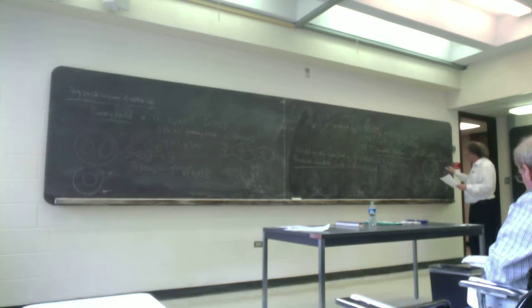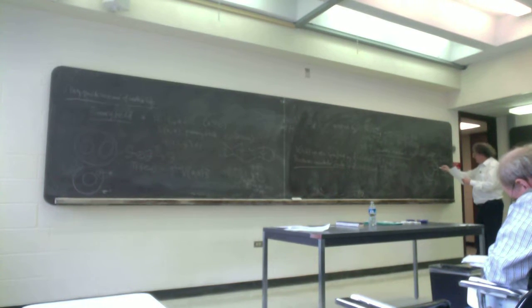So this is the circle Z minus W equals delta. This is the circle Z equals R less than W. And this is the circle Z equals R greater than W. Obviously, delta and R are related.